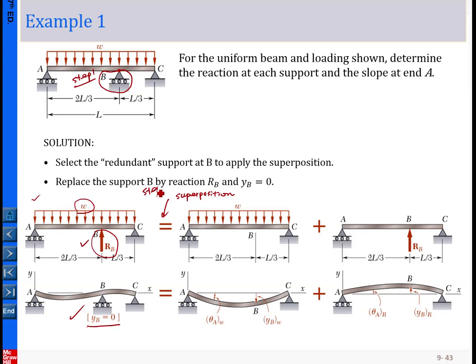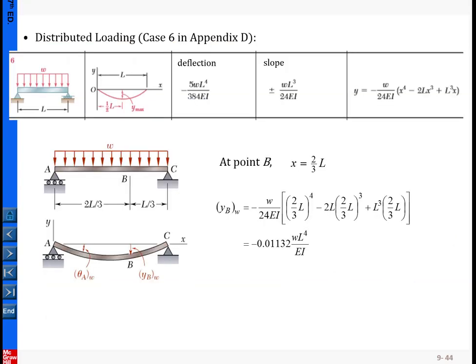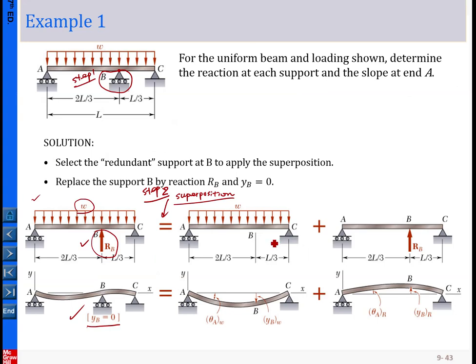Step 2, apply the superposition principle to come up with such a description here. Then step 3, I'm going to apply the appendix D table to solve the problem. Right now we have subsystem 1 and subsystem 2, and I'm going to apply the tables in appendix D individually to each subsystem.